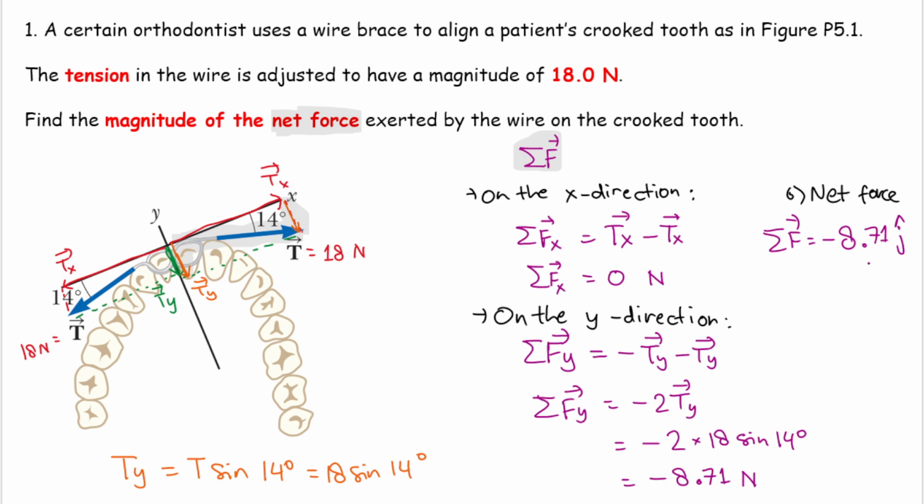Good. But we are asked to find the magnitude of the net force. So we can just take the absolute value of this one. So we'll have sigma F here. Because there is no angle, we have the direction going into the y-axis here. We will have 8.71, and the unit here is Newton, right? So that is the magnitude of the net force.